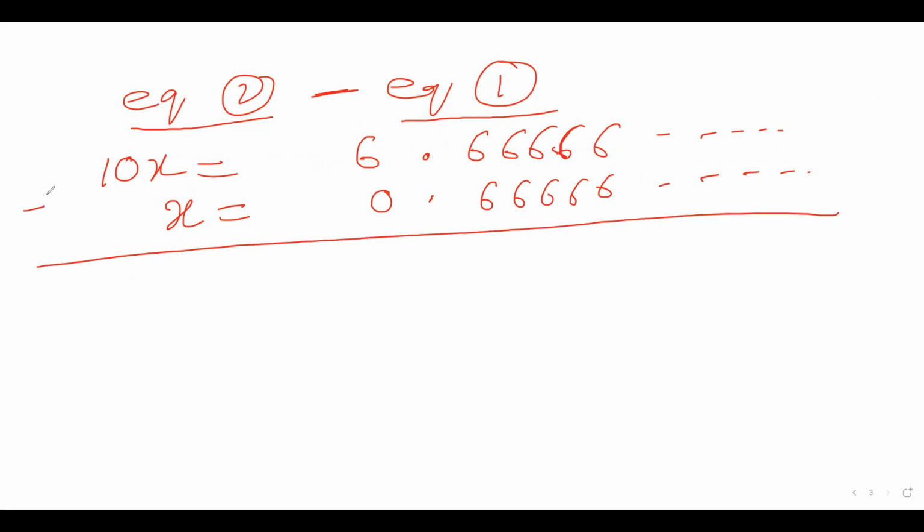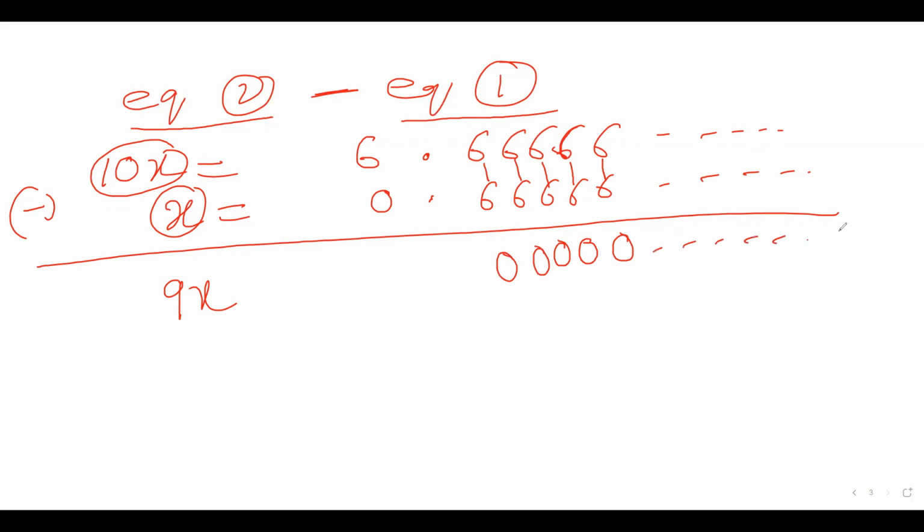Now we are subtracting. 10x minus x is 9x. On subtracting, 6 minus 6 is 0, every time. Then the decimal point. Here I will be getting 6.